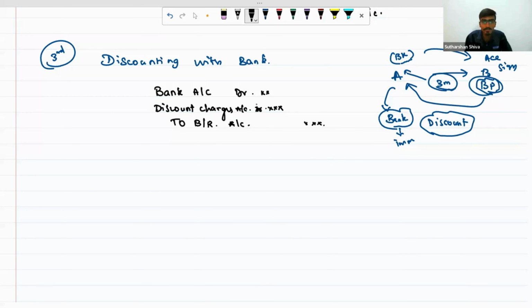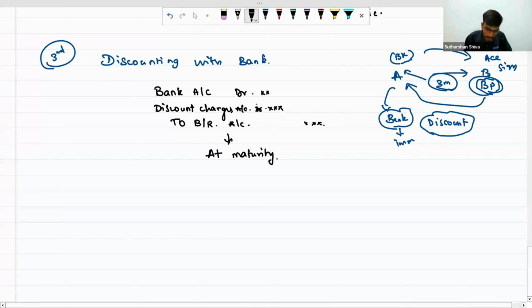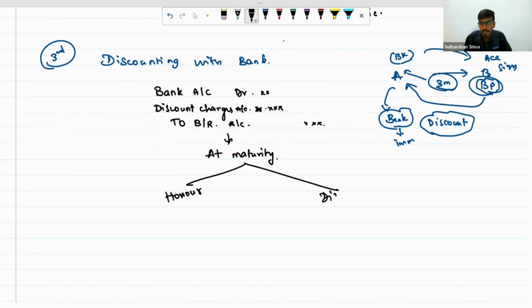So at the time of maturity, how will it work? At maturity, again there will be 2 concepts, honor and dishonor. Honor is when the bill has already been cleared by that person.